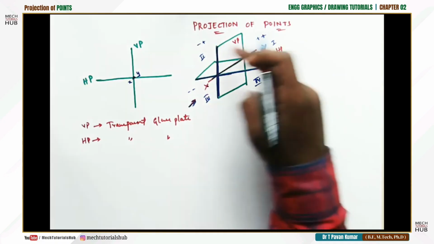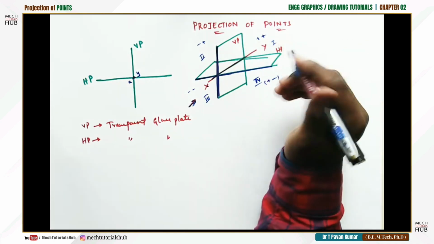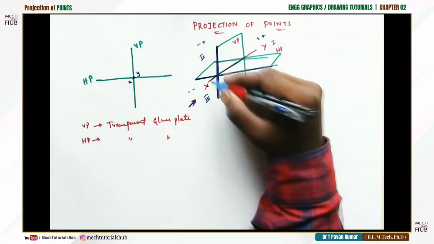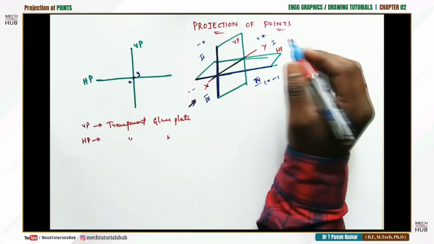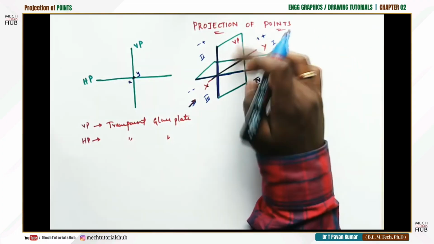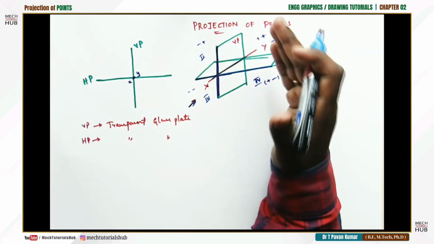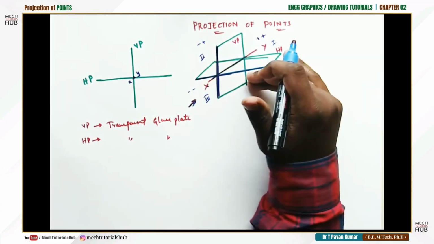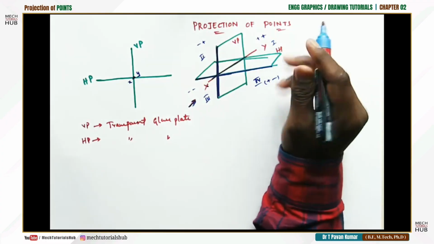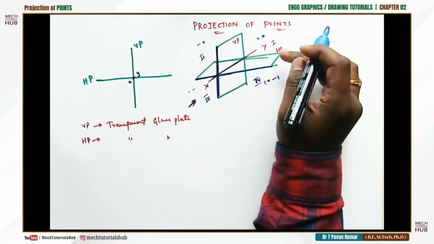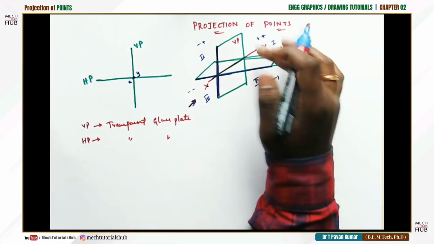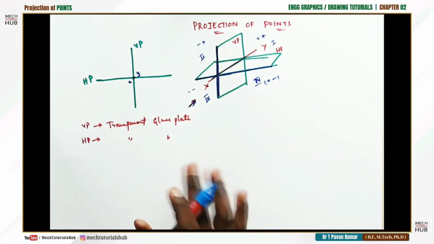We deal with these things in trigonometry, and in engineering mechanics also, we deal with these positive and negative terms. Whereas in this case, we only discuss the quadrant system. We will divide this into 4 segments. For example, if some component is placed in the first quadrant, how does it look from the front and from the top? We will discuss all of them in this scenario.